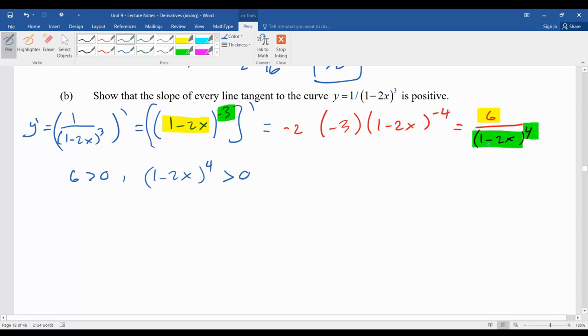Because the domain of this function excludes any x that makes the denominator equal to 0, we don't have to worry about the 0 here. So for any value other than the x value that makes the denominator equal 0, this denominator will be positive. So 6 is positive, 1 minus 2x to the fourth is positive, and a positive divided by positive is positive. So we have concluded that the slope of every tangent line to the curve is positive.